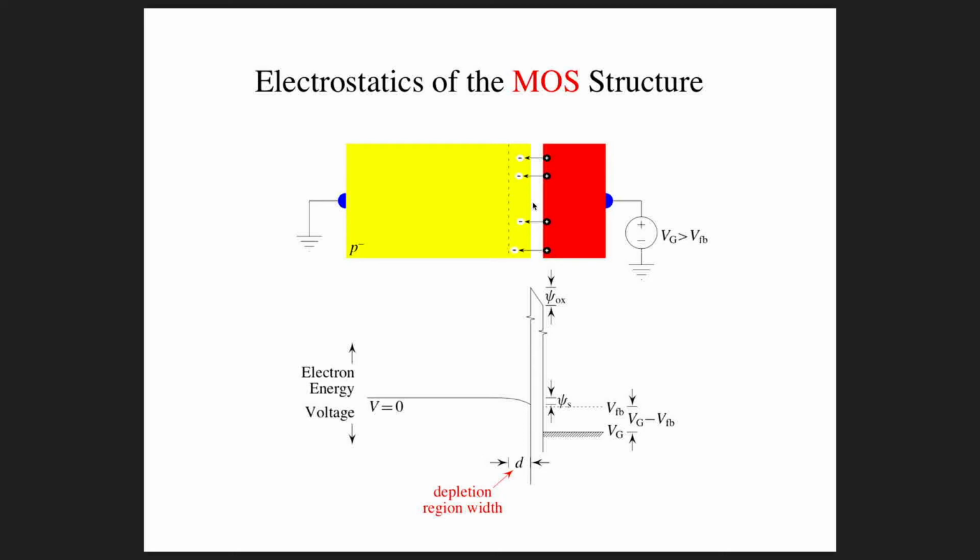And then what we do is we integrate that a second time, and so we're integrating 0 up until this point, and then we start integrating a ramp, which gives us a parabola. And so what happens here is that the bands are flat, but then we get to the depletion region, we start to get a bending of the bands down here.